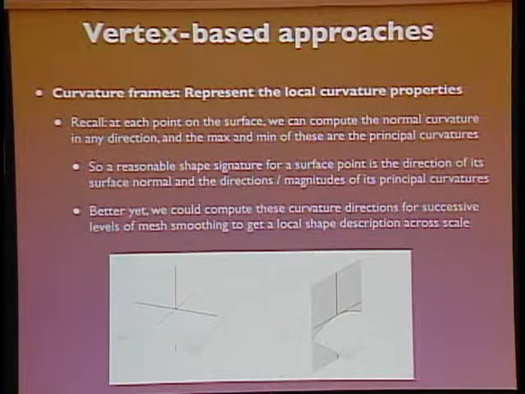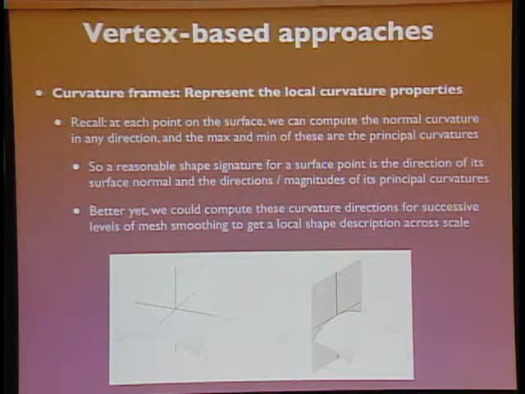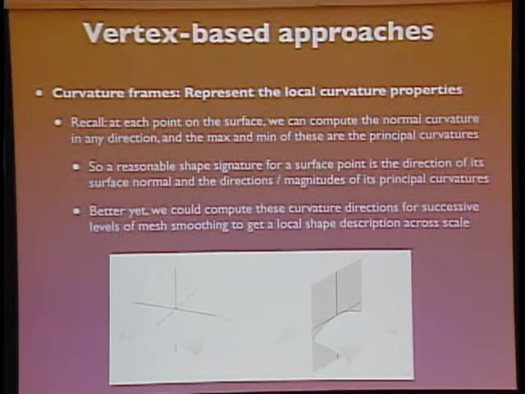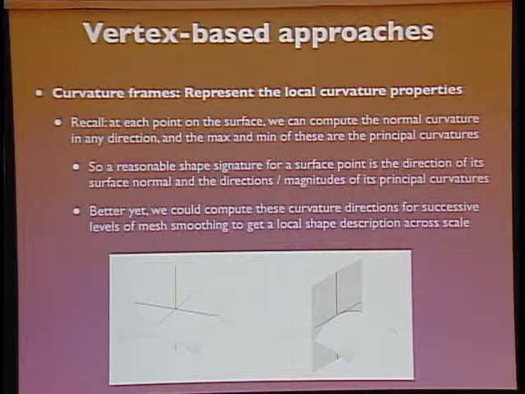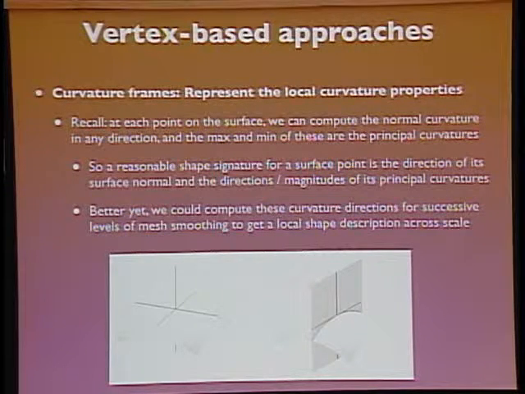Now, if you add surface noise on top of this, or levels of detail, you can imagine smoothing the surface using iterative Gaussian smoothing, which, as I've told you, if you do it long enough, turns your highly complex, highly curvy surface into something that looks like a marshmallow, iteratively removing detail as you smooth. So you can imagine calculating the directions of your maximum and minimum principal curvatures across scale.